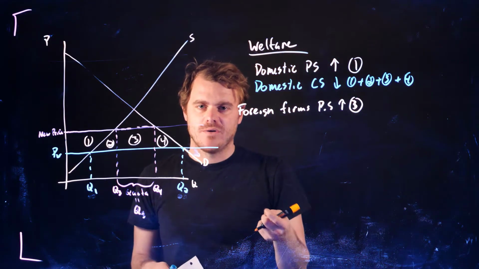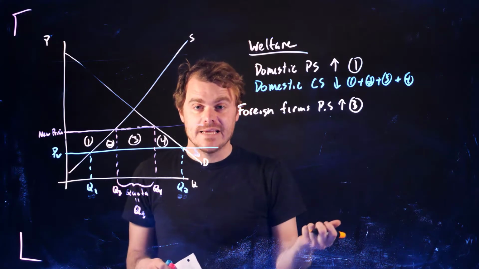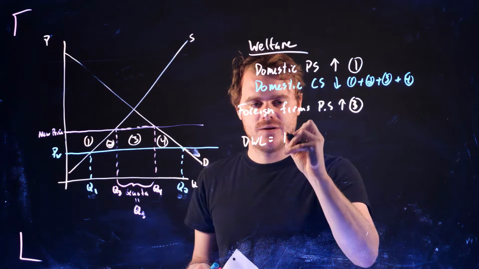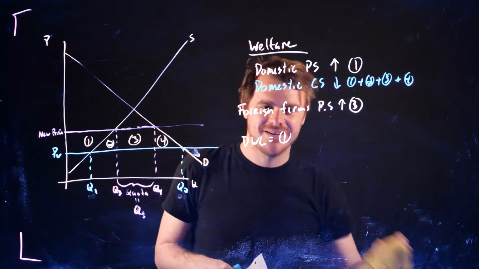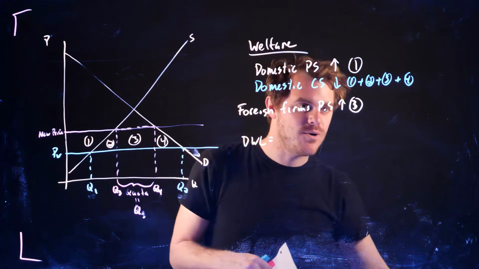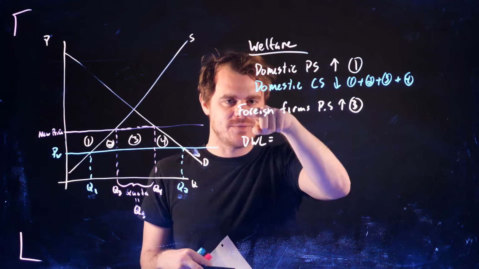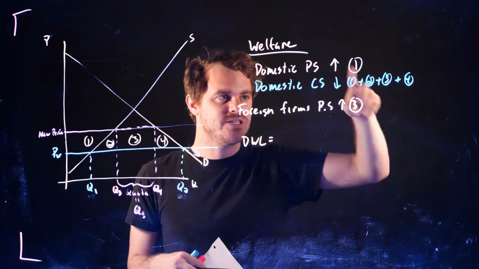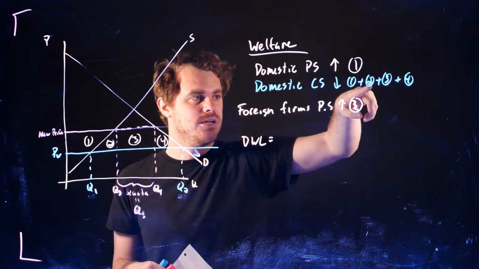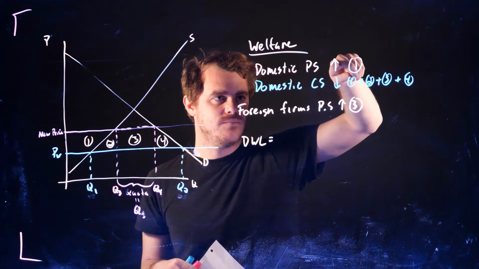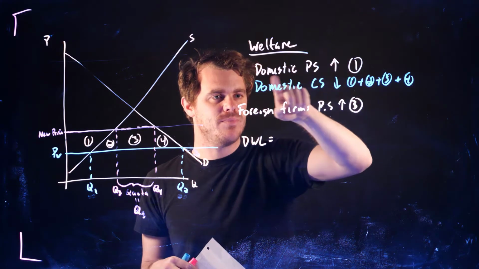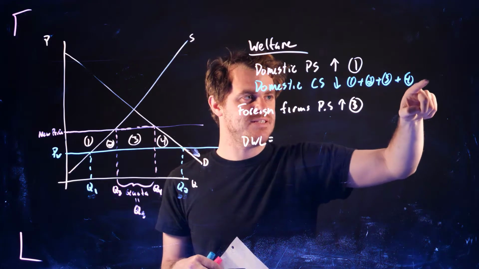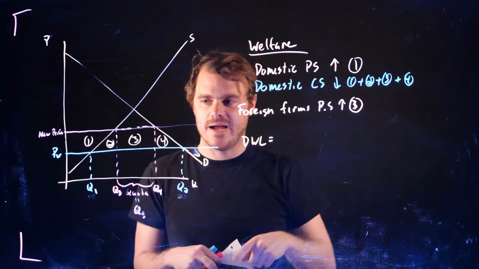Well, if we're thinking about the implications for Canadian efficiency, this means that the deadweight loss is going to be equal to, not area 1, areas 2, 3, and 4, because Canada's not counting how producer surplus is increasing for foreign firms. We just care what's happening in this market. So we're going to see that producer surplus is going up by 1, but consumer surplus is decreasing by 1, 2, 3, and 4. And so we're going to have a deadweight loss of these last 3 areas.